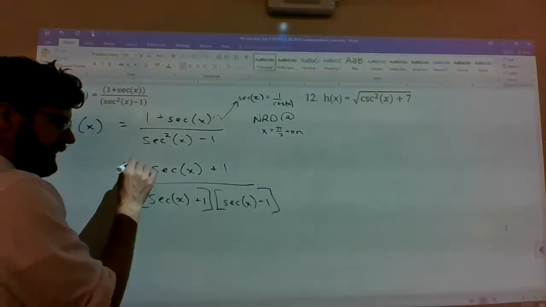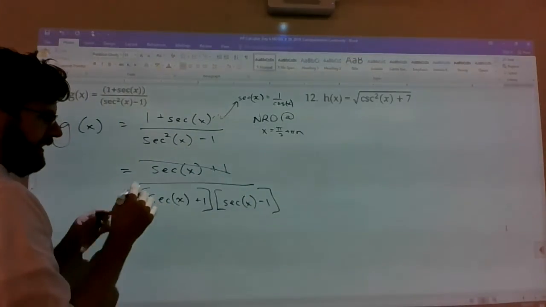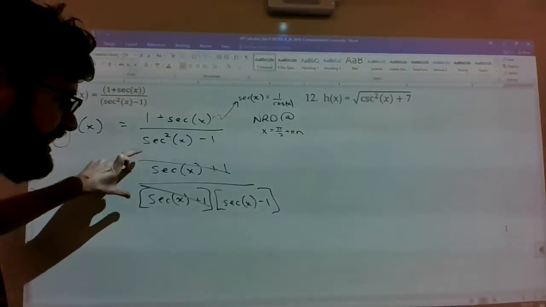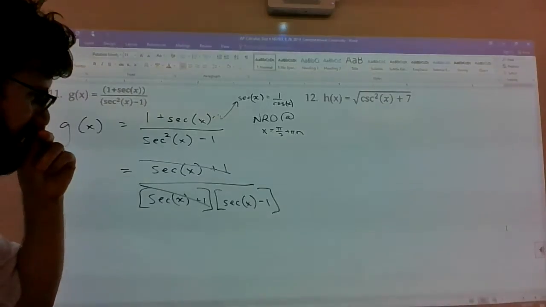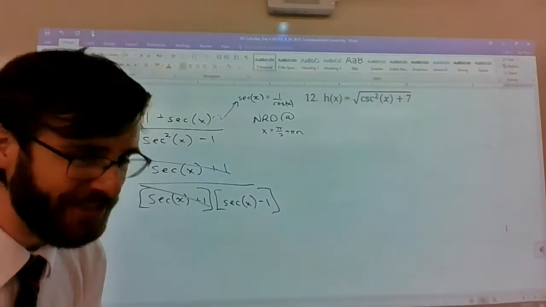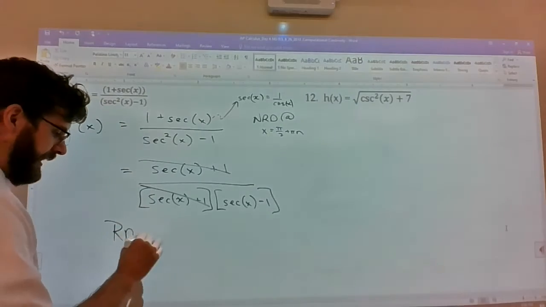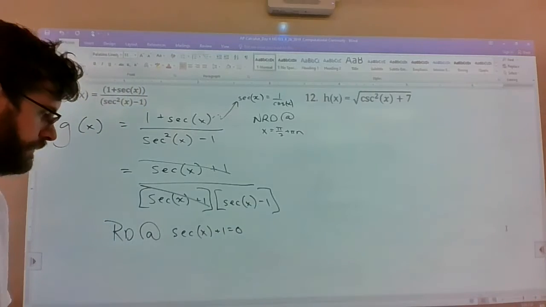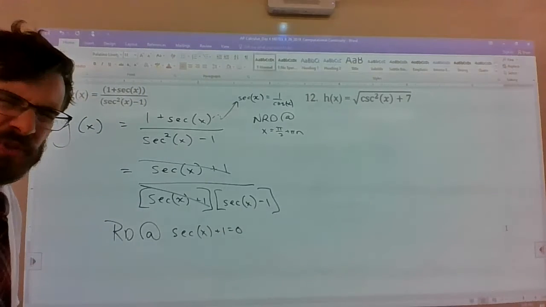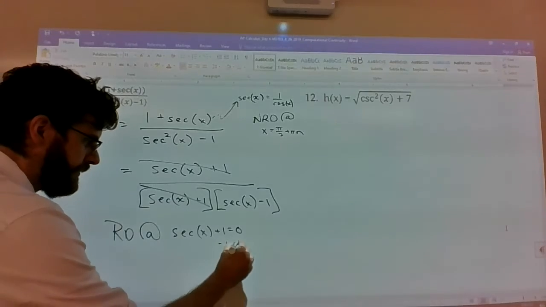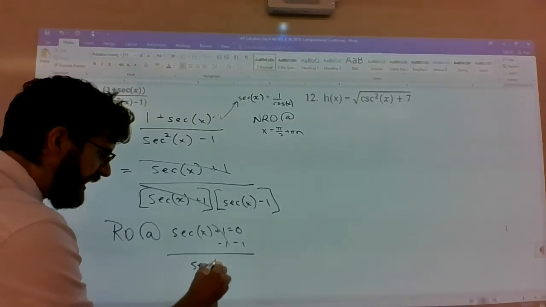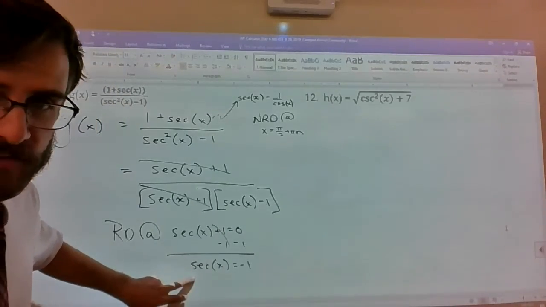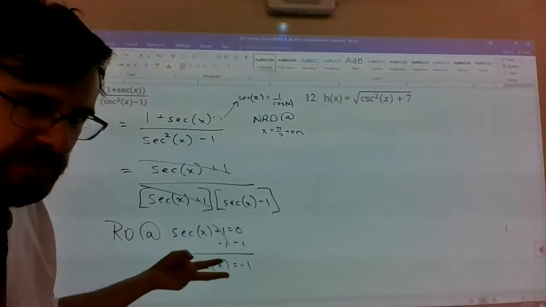All right, so this quantity, they divided each other out, which means we have removable discontinuities at secant of x plus 1 equals 0. So it's been a little while since we solved trig equations. The secant of x equals negative 1 can be rewritten as cosine of x if we flip both sides of the equation.